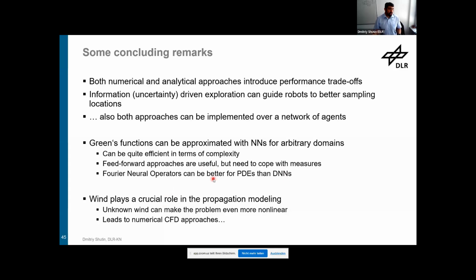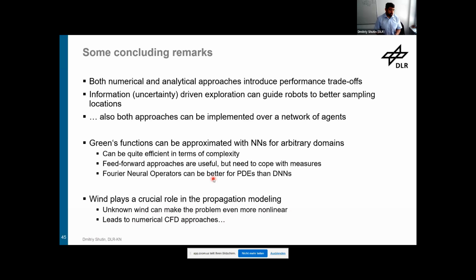And one of the things which I touched on a little bit in the talk is the wind. It's an extremely important component in order to better understand how smoke and gas propagate, but taking the wind into account can make the models extremely nonlinear.